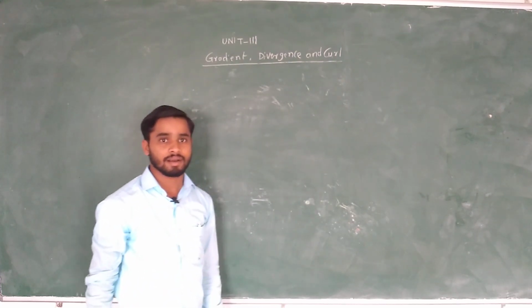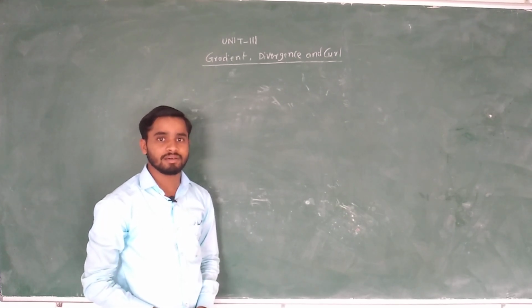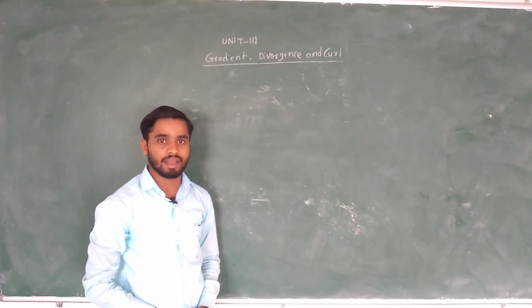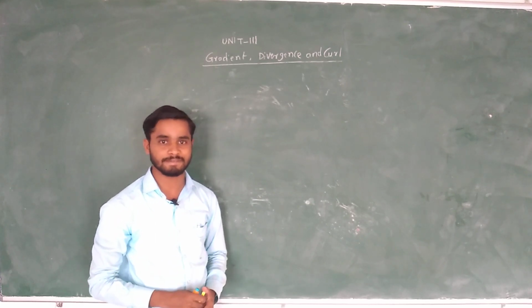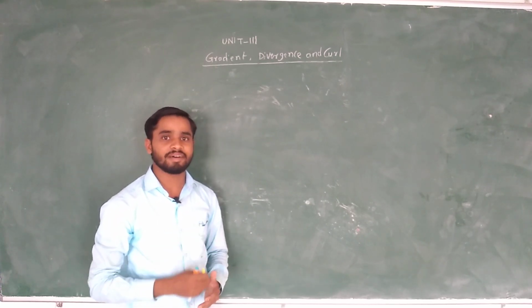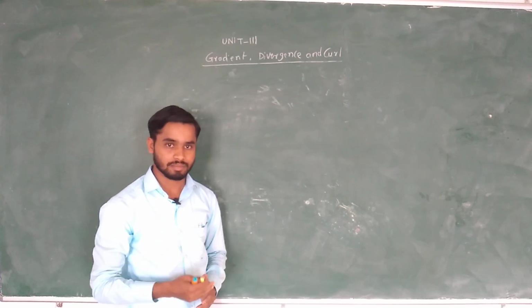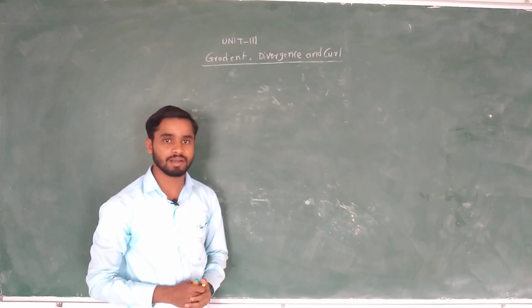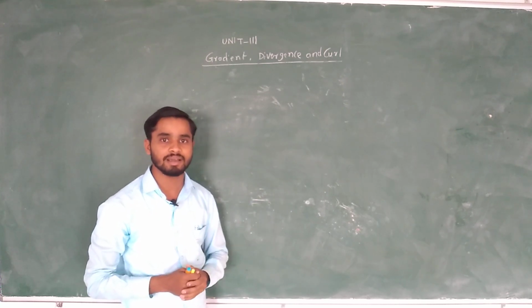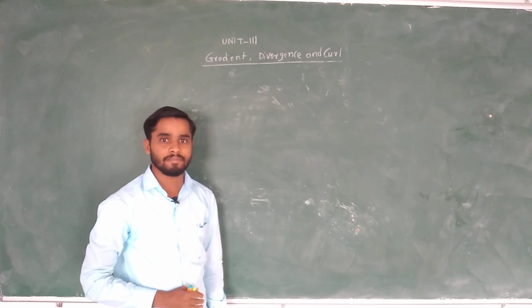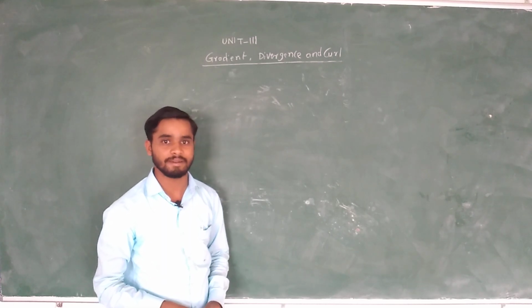This unit number 3, gradient, divergence and curl, mainly deals with partial differentiation of vector field and scalar field. Okay, it mainly deals with partial differentiation of scalar quantity and partial differentiation of vector quantities even.